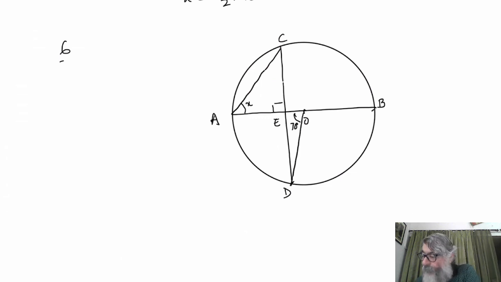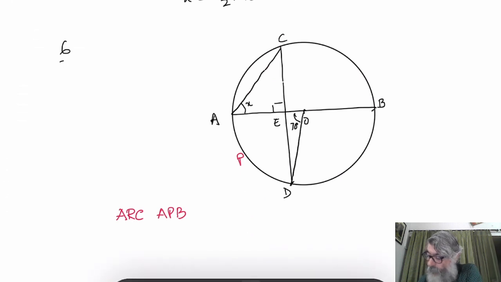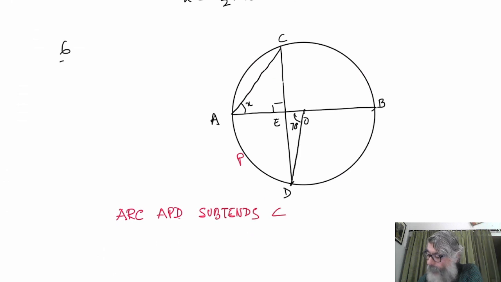See, if I name this to be P here, just notice the arc APD is making angle AOD equal to 70 at the center.